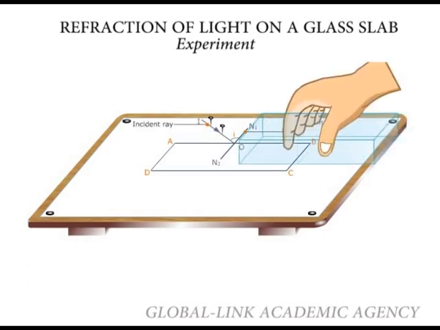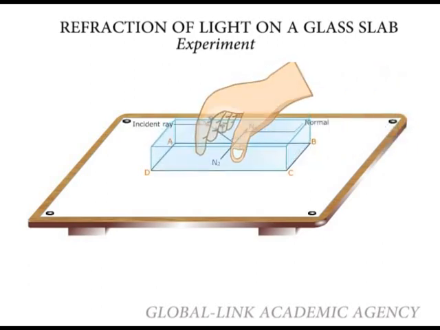Carefully replace the glass block within its boundary ABCD. Looking from the other side of the glass block, fix 2 pins such that the feet of all the pins are in one straight line.